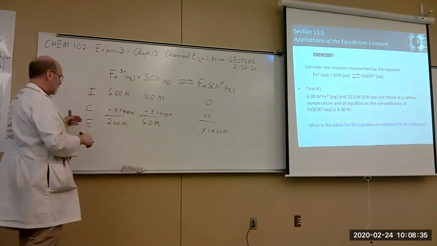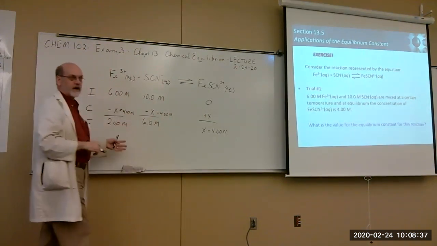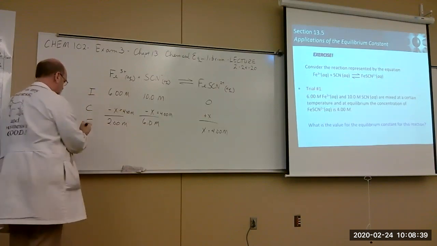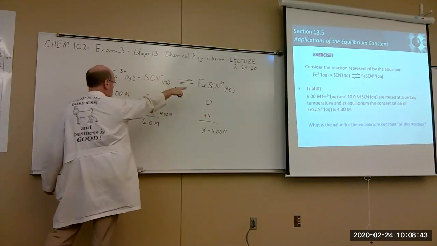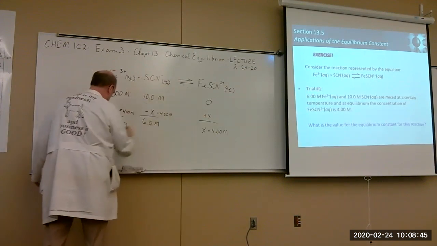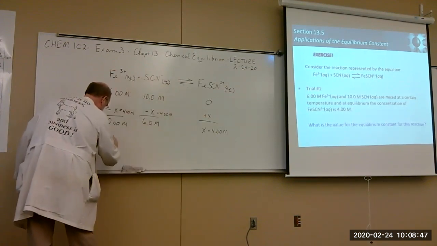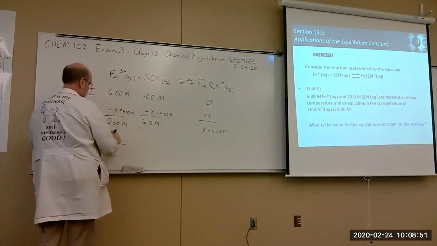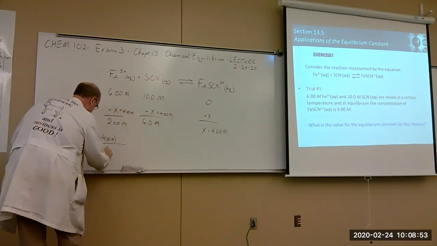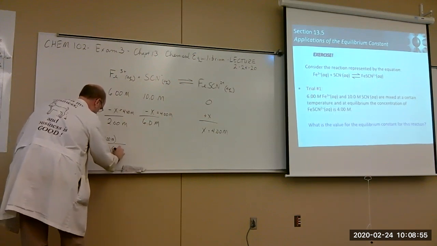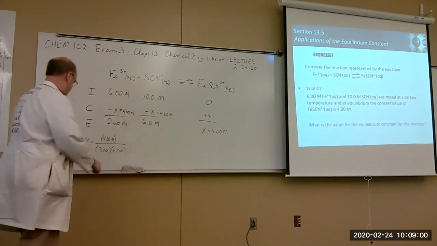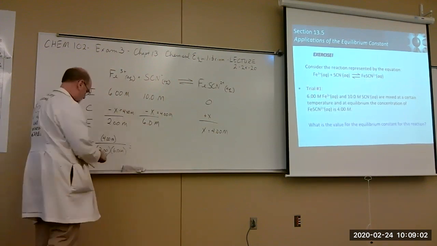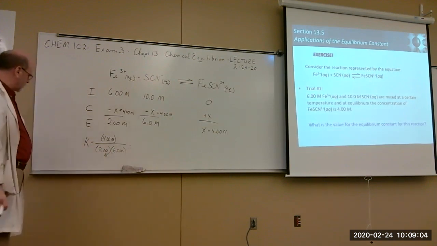Okay. Now that we know the equilibrium values, we can calculate the constant. Right? So it's the product, 4 molar to the first power, divided by the product of these two. Okay, so it's 4 divided by 12, right?